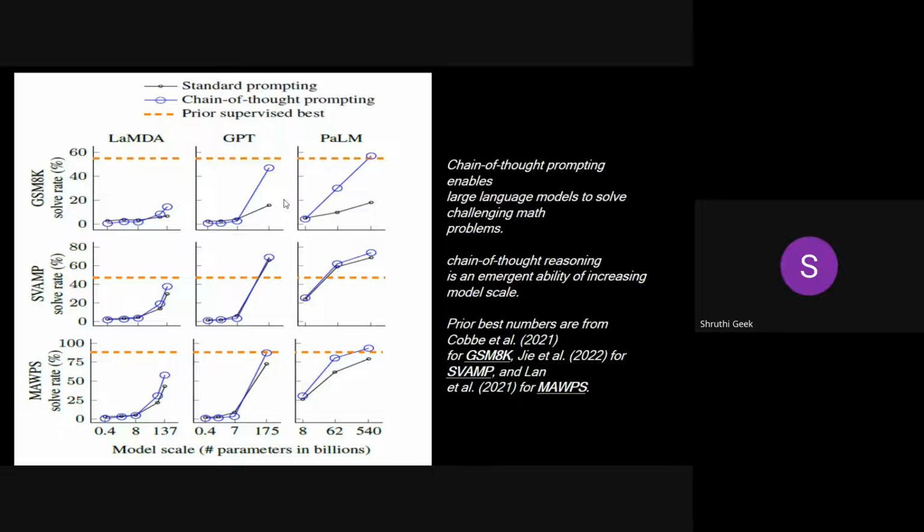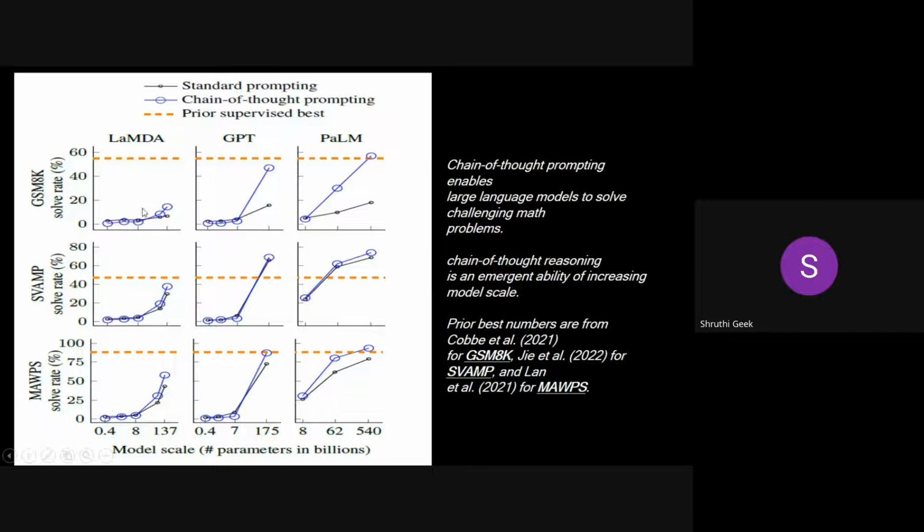The black lines with smaller circles indicate standard prompting, while the blue with larger circles indicate chain of thought prompting. As you can see, this is the first paper released on Chain of Thought. They could see that as they trained further with more examples and more training data, the way it started solving the problems with Chain of Thought gave better results, or the solution rate was higher.